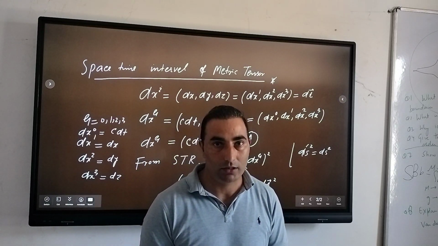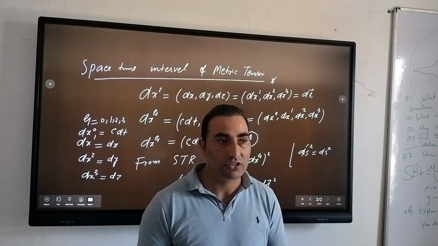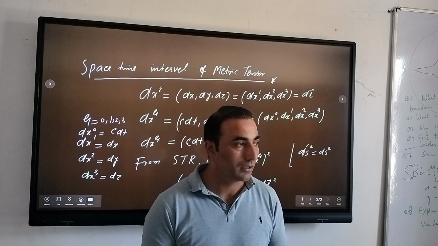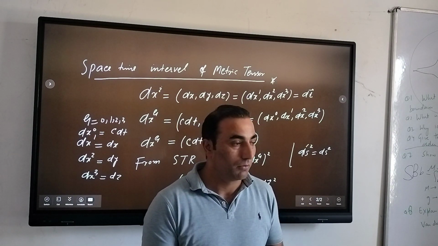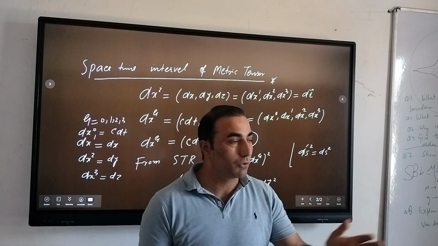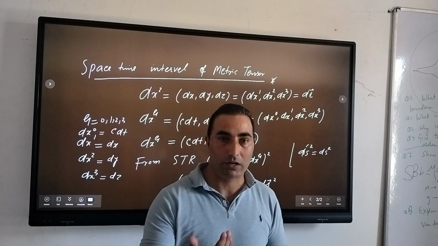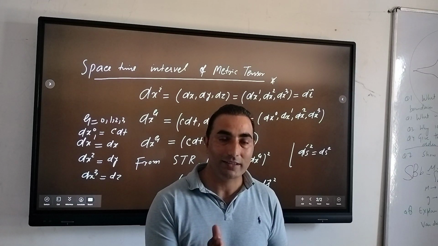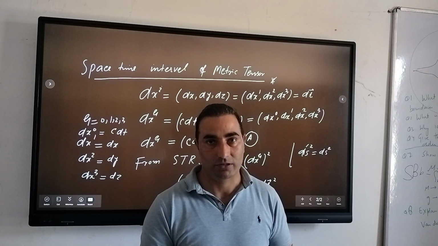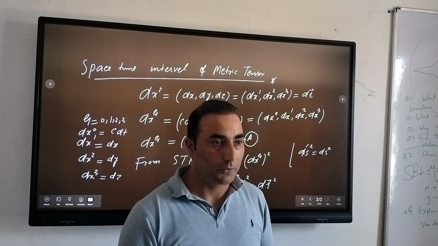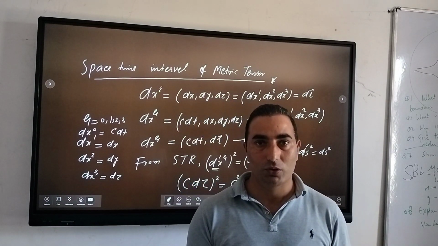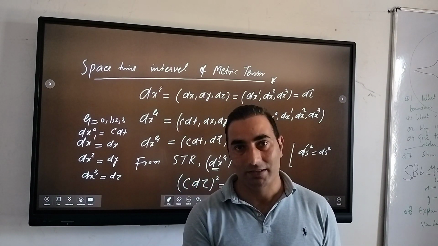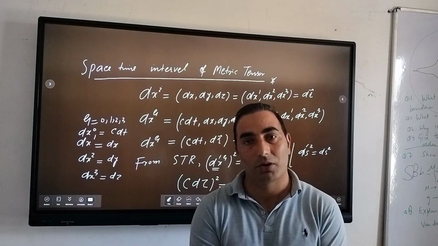Proper time is that time which remains invariant between two frames. If you go from one frame to another frame, it is independent of the choice of the coordinate system, because tau remains the same. That time is called the proper time.